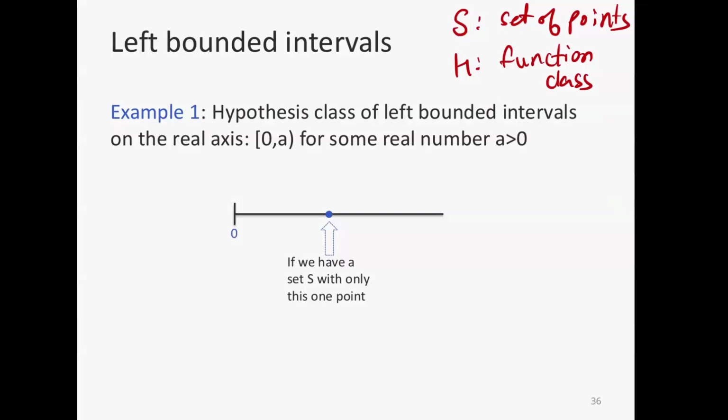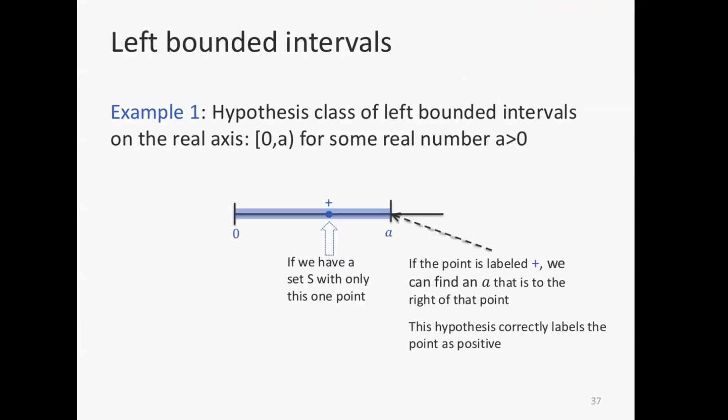So to ask whether this set can be shattered, what do I need to do? I need to consider every possible labeling of these points. How many ways are there to label this point? If you have 2 labels, 2 different ways. Either it can be a plus or it can be a minus. Let's consider the case where this point is a plus.